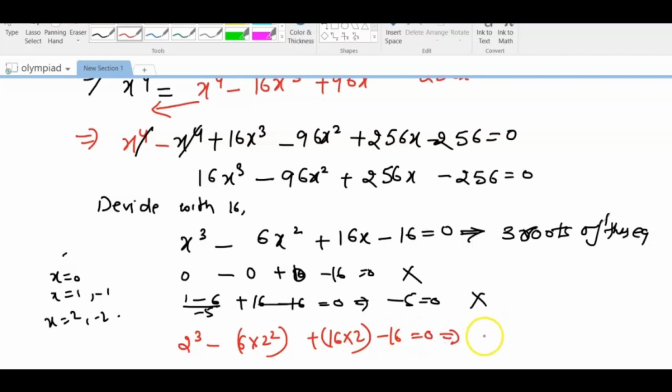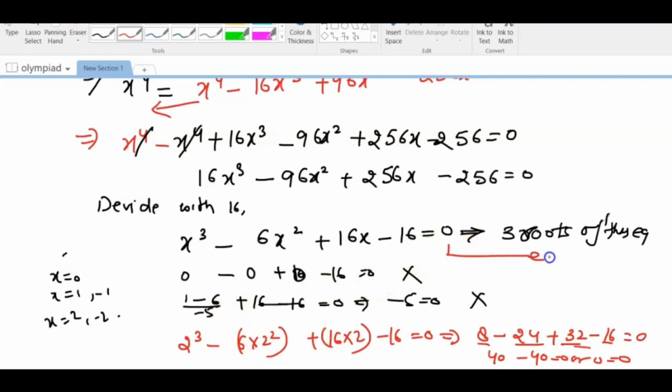So we'll get 8 minus 24 plus 32 minus 16 is equal to 0. So 32 and 8 would be 40, and 24 and 16 would also be 40. So 40 minus 40 is equal to 0, or 0 is equal to 0. So x is equal to 2 does satisfy this equation.